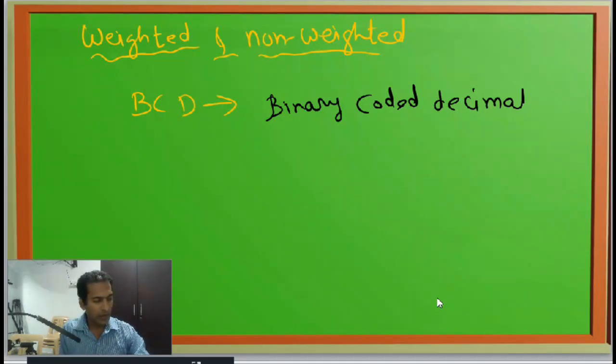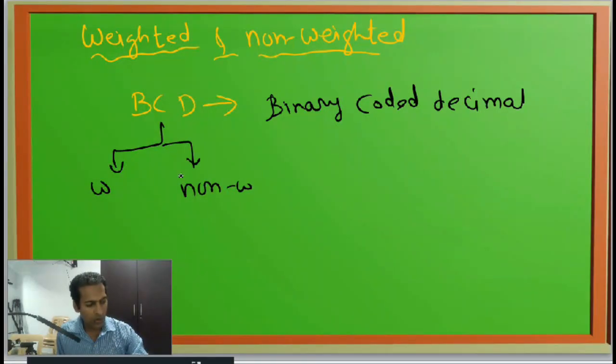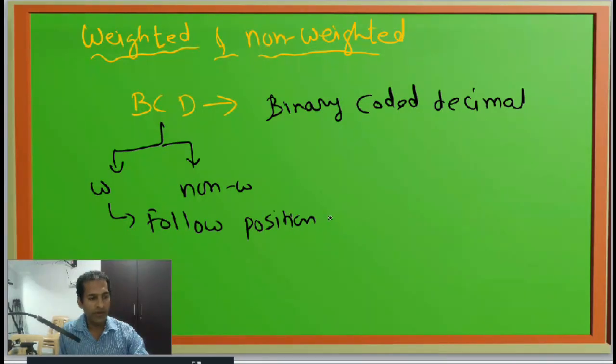The BCD codes may be weighted codes or non-weighted codes. The weighted codes are those which obey the position weighting principle. Each position of the number represents a specific weight.